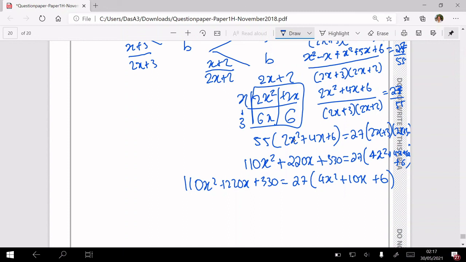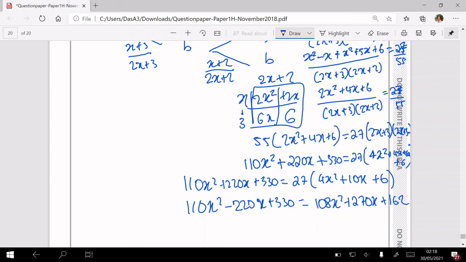So that means 110x squared plus 220x plus 330 is equal to 27 times 4, which is 108x squared plus 270x plus 27 times 6, which is 162.